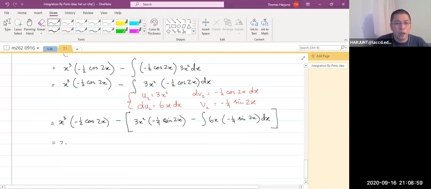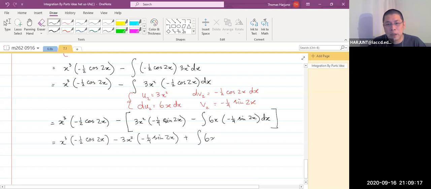This will be x cubed negative 1/2 cosine 2x minus 3x squared negative 1/4 sine 2x plus integral of 6x negative 1/4 sine 2x dx.